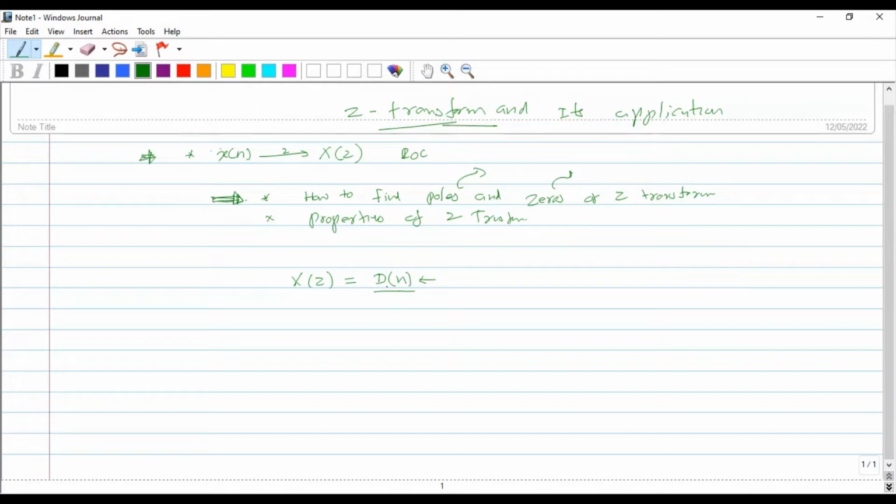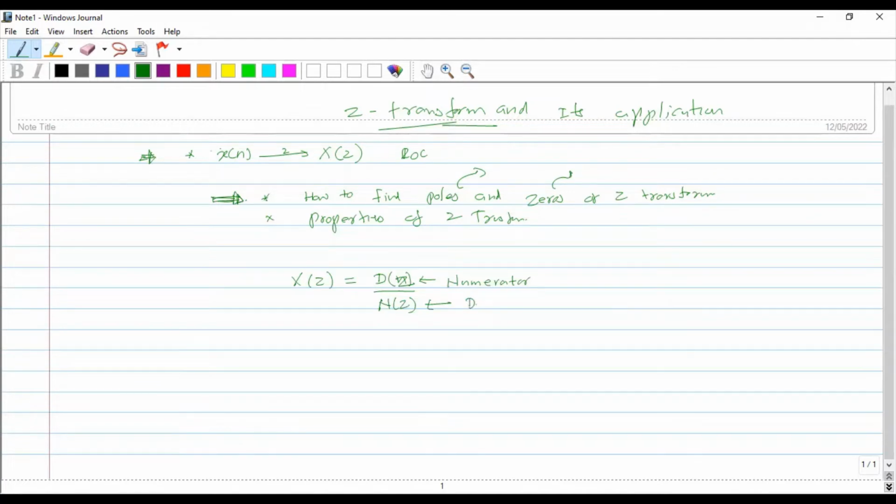I think this one is the numerator. This is the numerator, and also we have a denominator. So this will be our denominator like this.